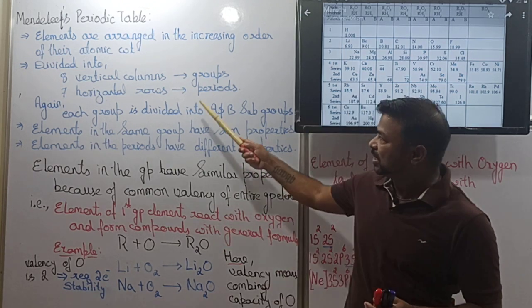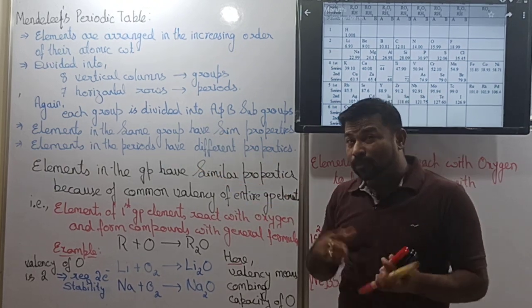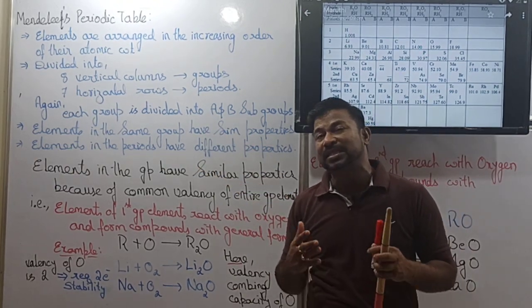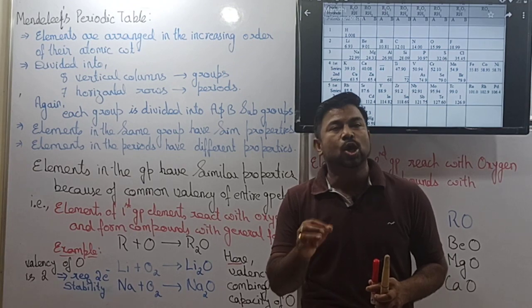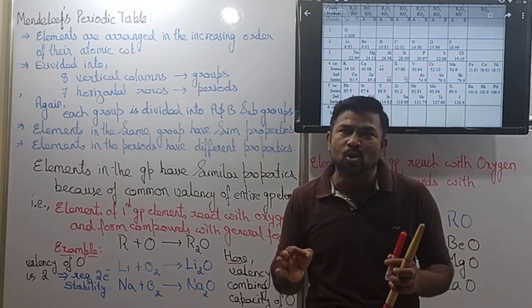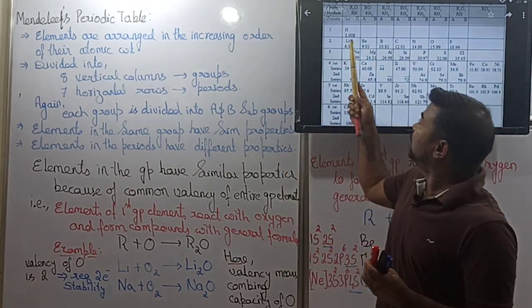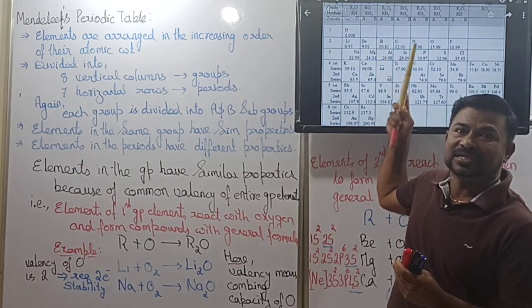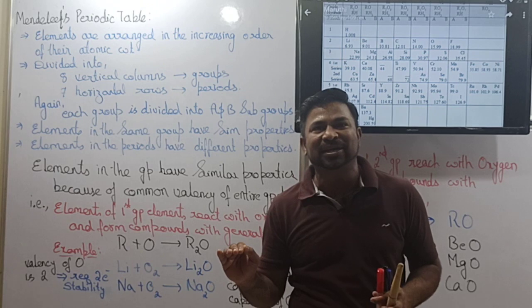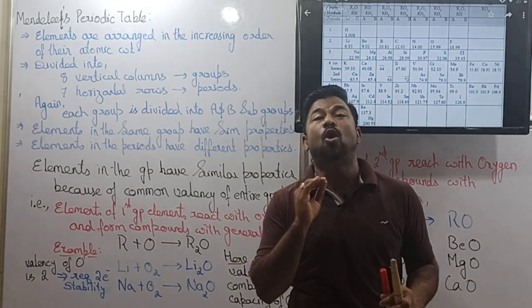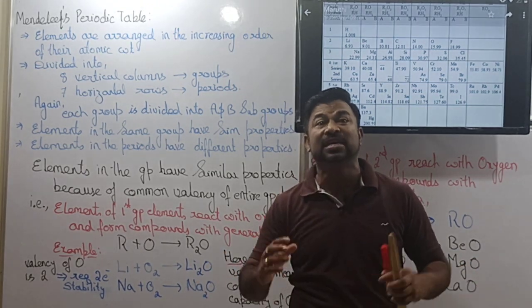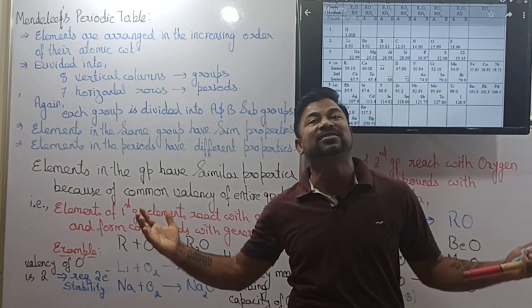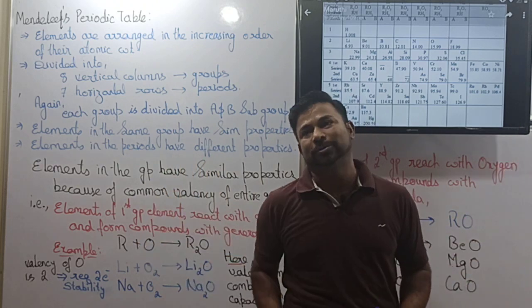Now, what about the properties of the elements present in the periods? The main thing is that if elements are present in periods 1, 2, 3, 4, 5, going like this, no element has similar features. Means all the elements present in the periods have different features. That is the point to be noted.